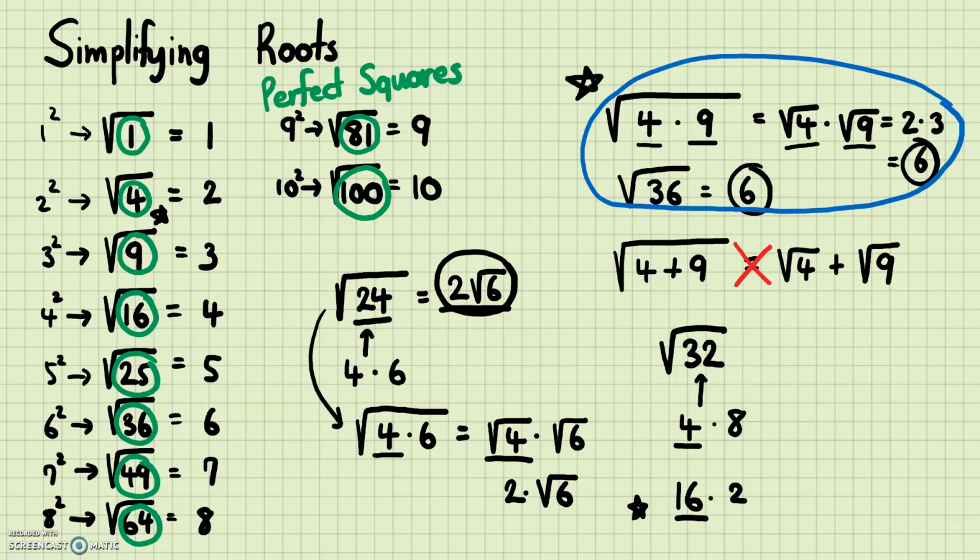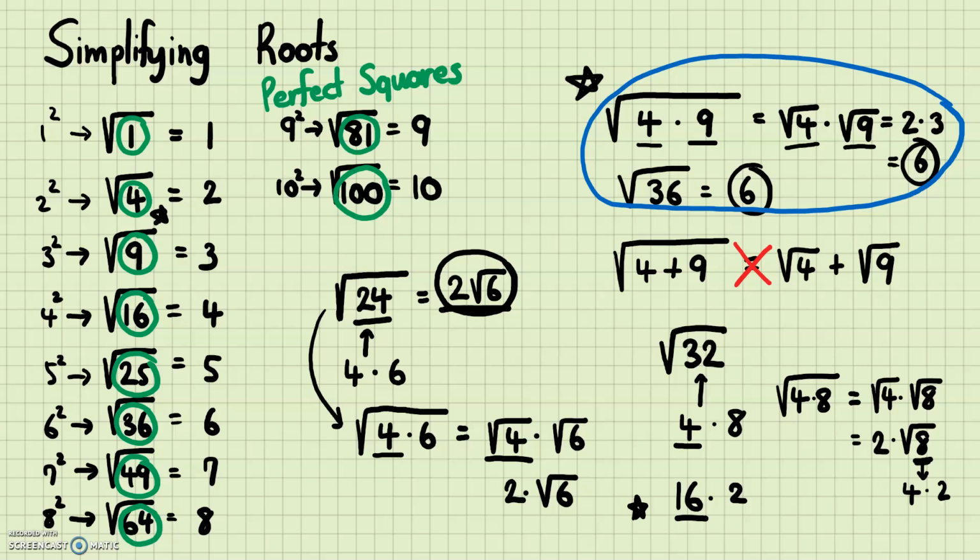So rewriting it as square root of 4 times 8, that's going to equal the square root of 4 times the square root of 8. And the square root of 4 is 2 times the square root of 8. Now the reason I said 16 times 2 is better is because here, inside 8, there's another perfect square, which is 4.